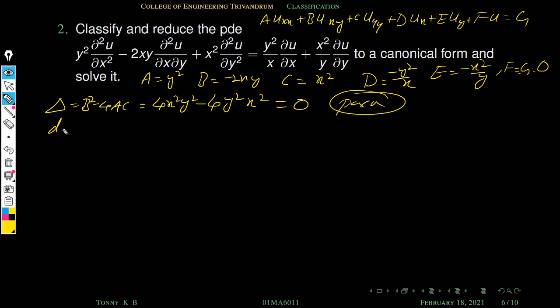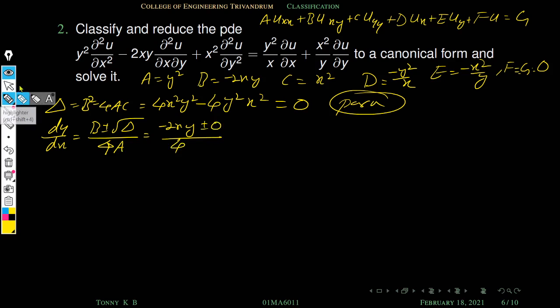What are the characteristics? The characteristic is given by the formula dy by dx equals b plus or minus root of delta by 2a, that is, b plus or minus root of b square minus 4ac by 2a.